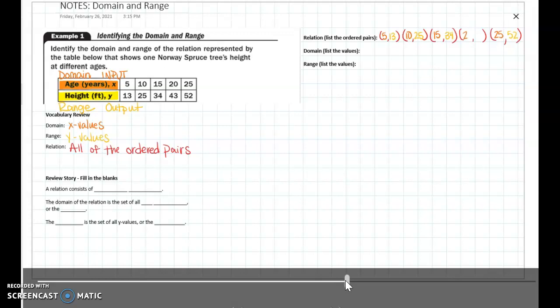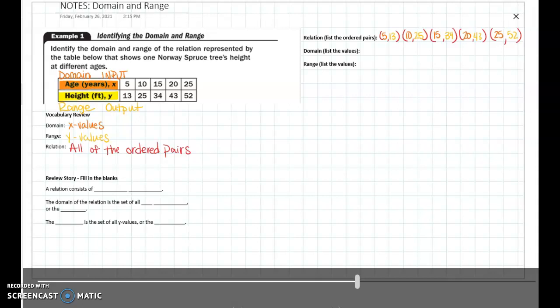Someone gave me (25, 52) before giving me (20, 43). Oops, get rid of that. Okay, notice how I wrote the 5, the 10, the 15, the 20, and the 25 in orange, and I wrote 13, 25, 34, 43, and 52 in yellow.